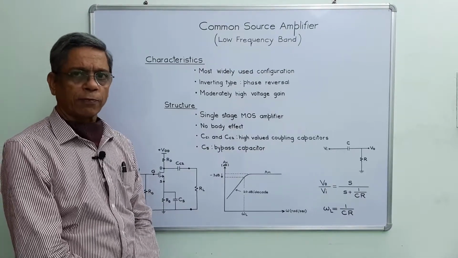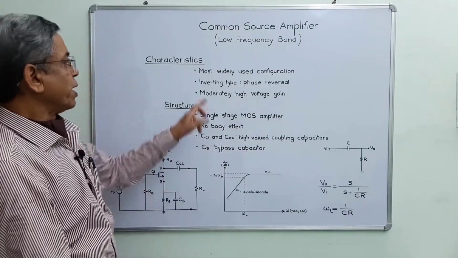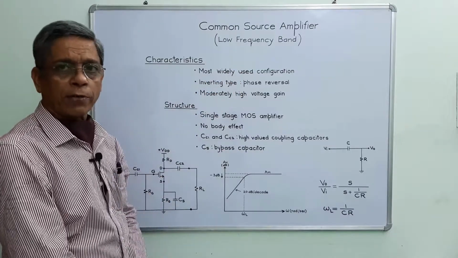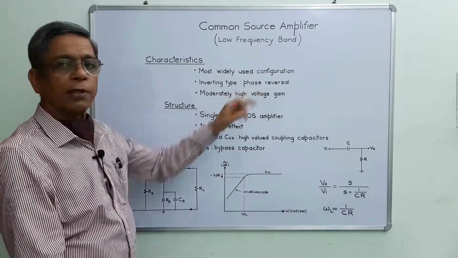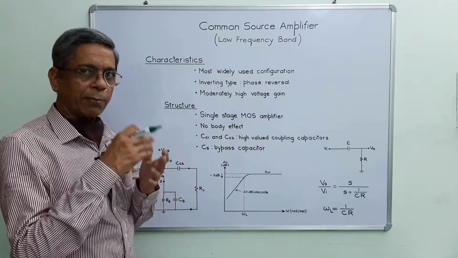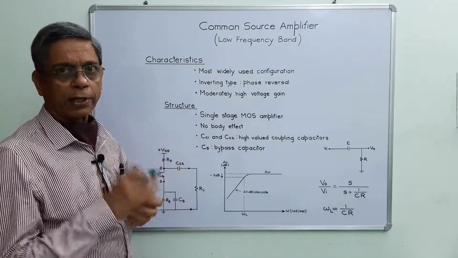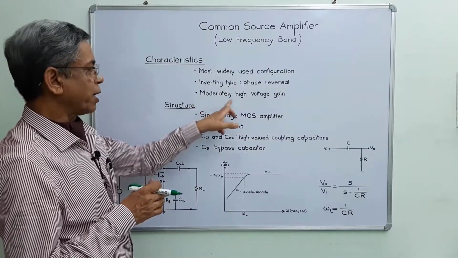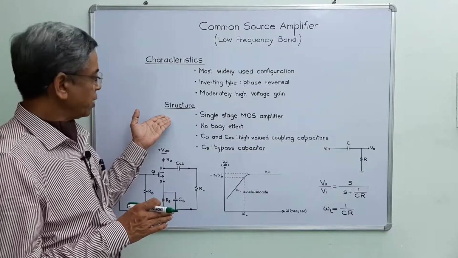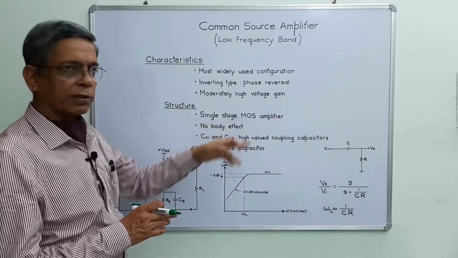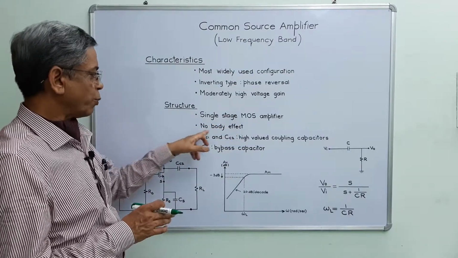Starting with the characteristics of common source amplifier, it is the most widely used configuration and it is of inverting type. There is a phase reversal between input signal and amplified output signal by 180 degrees, and it has moderately high voltage gain. As far as the structure is concerned, this is a single stage MOS amplifier and there is no body effect.